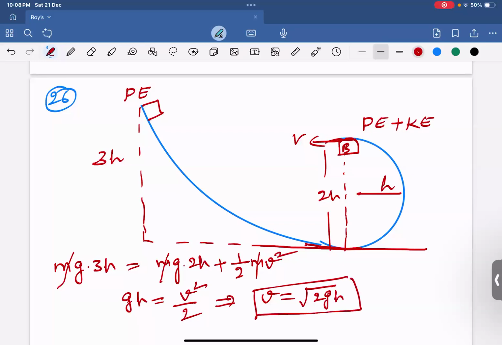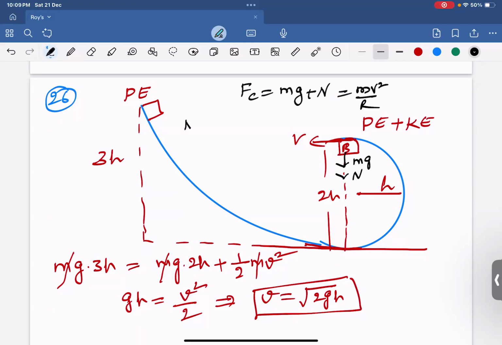That is the velocity. Now they're asking the normal force. So for normal force, we know that it has mg force downward. It has the normal force also towards the center because this is the surface here, and both will provide the centripetal force. That means centripetal force, that is force towards the center, will be the sum of mg and N. And centripetal force formula is basically mv square by r.